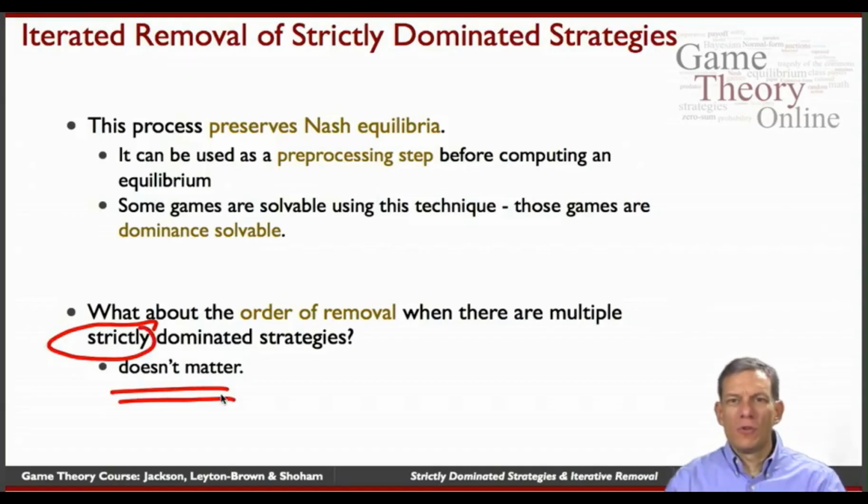So no matter how you do this, whatever order you do it in, you'll end up with the same solution. You can spend some time trying to convince yourself of that. Think carefully about it. That's something you'd have to prove. But in fact, order does not matter in eliminating strictly dominated strategies. So the logic is very tight in that respect.